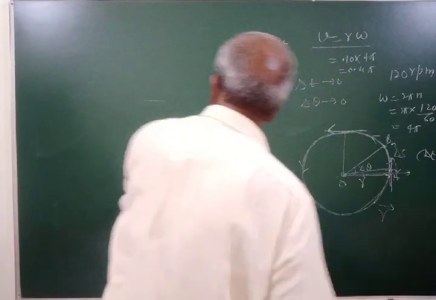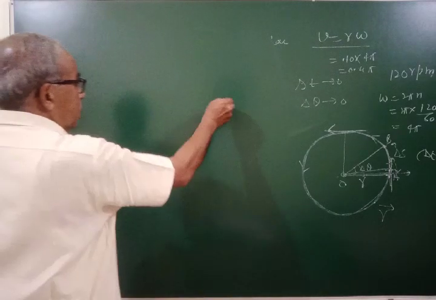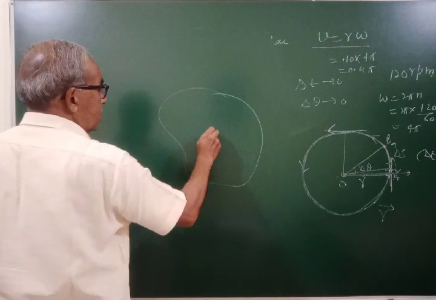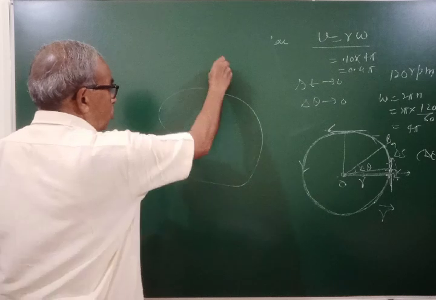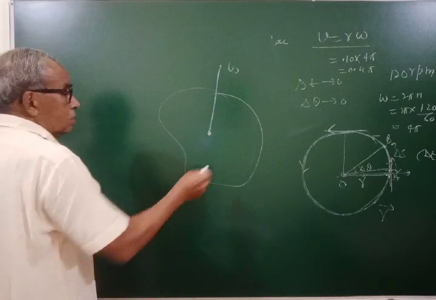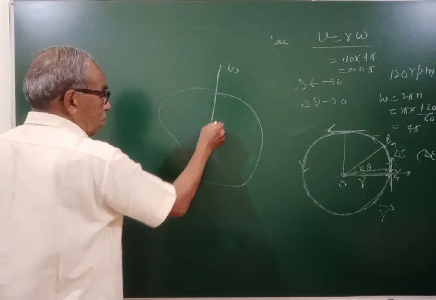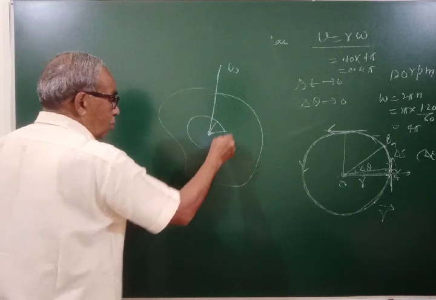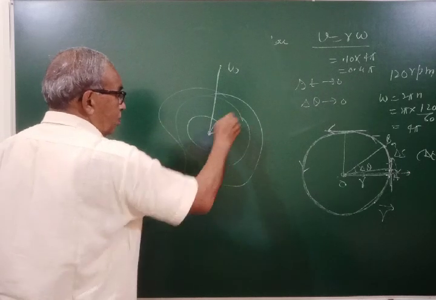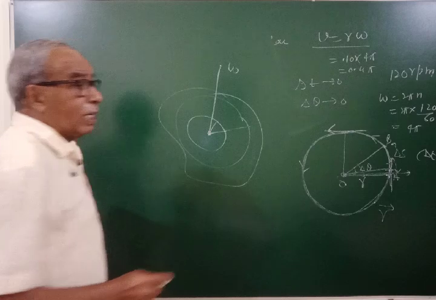You have seen when a body rotates, suppose it is any body rotating about this axis with omega, then every particle will have the same angular velocity, but different particles have different linear velocities.